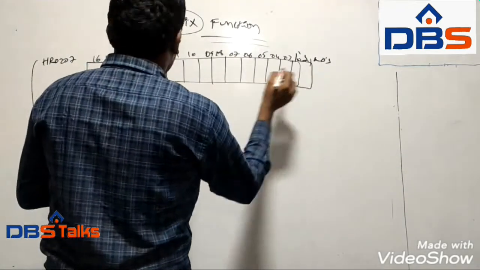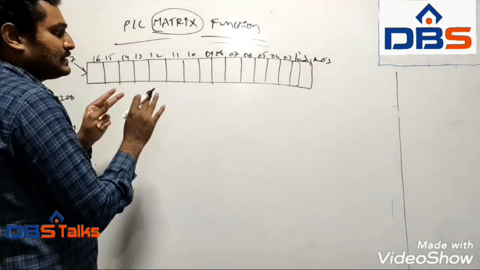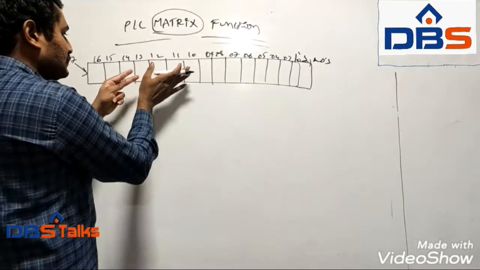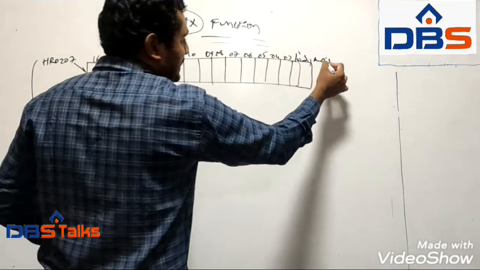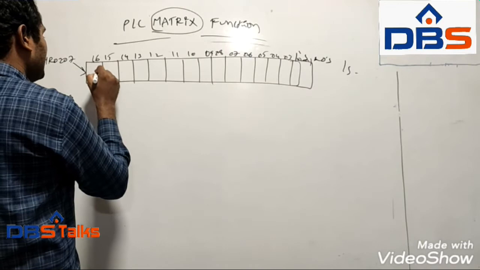So this is the HR0207 register. I am taking 16 bits, so I have to insert the values into this register by using only binary data, that is 1s and 0s.